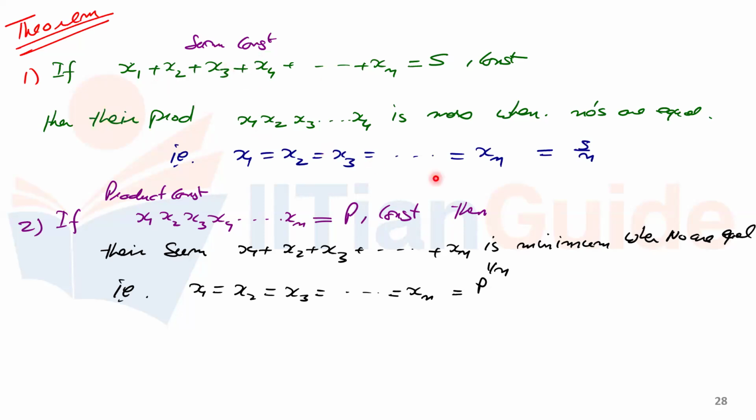Sum is constant, product is maximum. When the sum of the numbers is constant, the product is maximum. Here the product is constant, so the sum will automatically be minimum. Did you follow? It is the same statement. Logically both statements are the same. If the sum is constant, the product will be maximum. When we fix the product, the sum will automatically be minimum. That I am saying. Got it? Yes, it is the same thing.